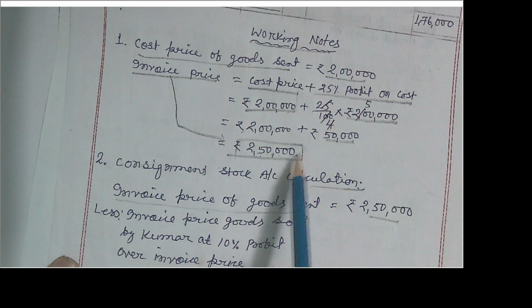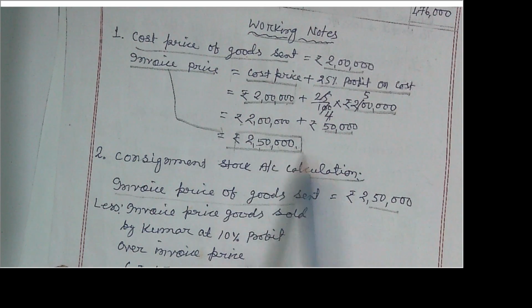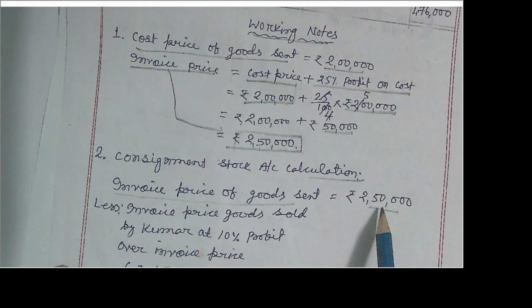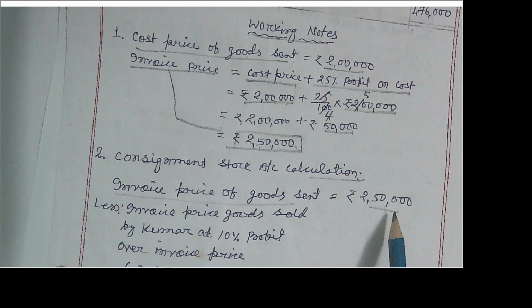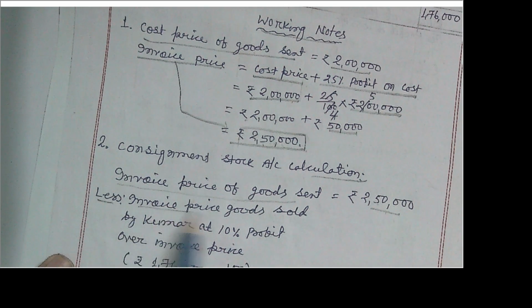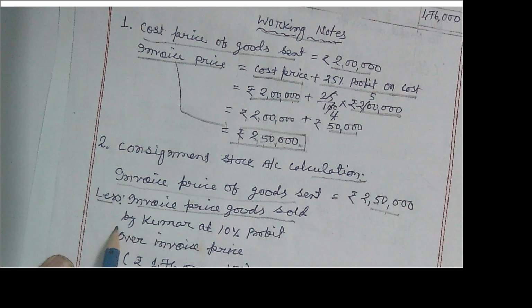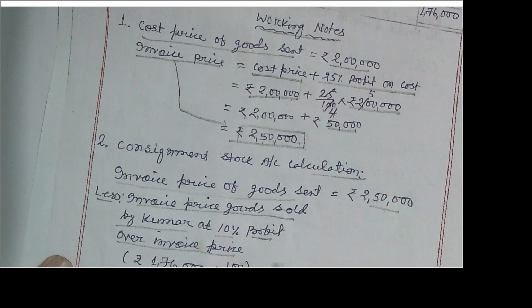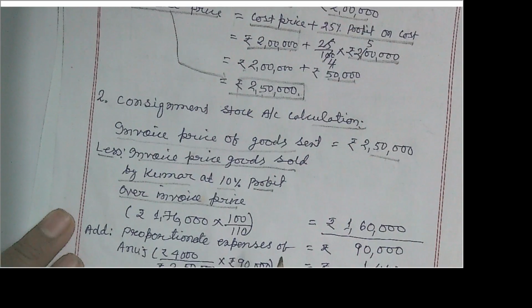This is the total value of goods sent by consignor to consignee, adding 25% profit on cost. So this fact is unknown to the consignee. The consignee knows that this 2,50,000 is the cost price.